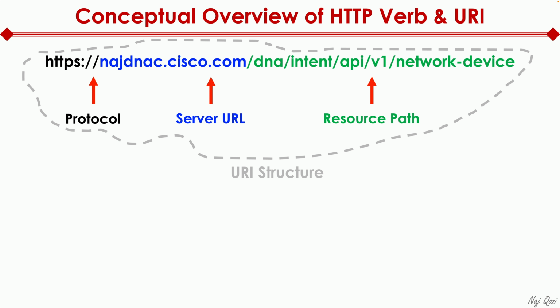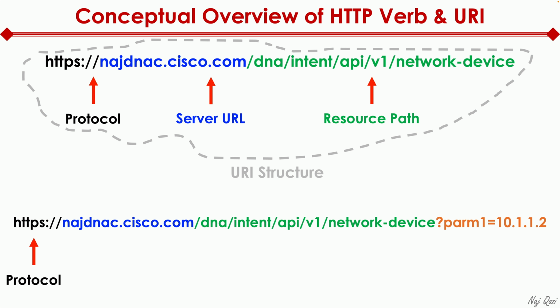The entire structure that I'm showing you here is called a URI structure. This entire thing is a URI. To take it a step further, once again we've got the protocol, the server URL, and the resource path, but in addition to that we have a certain parameter.